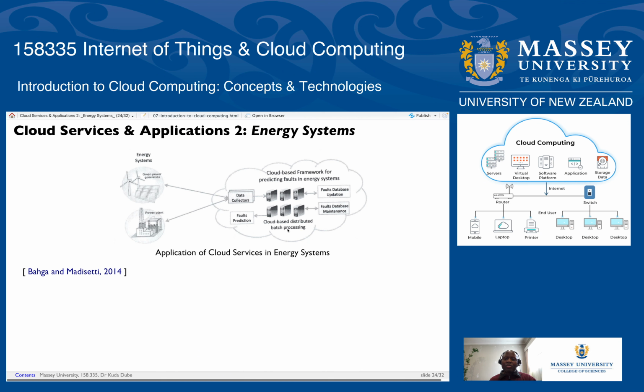But of course, you always have cloud-based distributed batch processing that happens, especially when we deal with analytics. Generally, data is collected from green power generation like wind and solar, and also some power plants. Data is collected, and then of course analytics is done. So this might be how energy systems might utilize the cloud or are already utilizing the cloud.